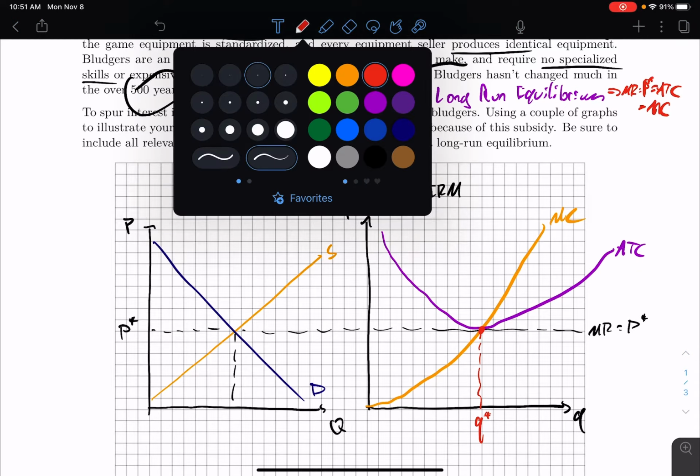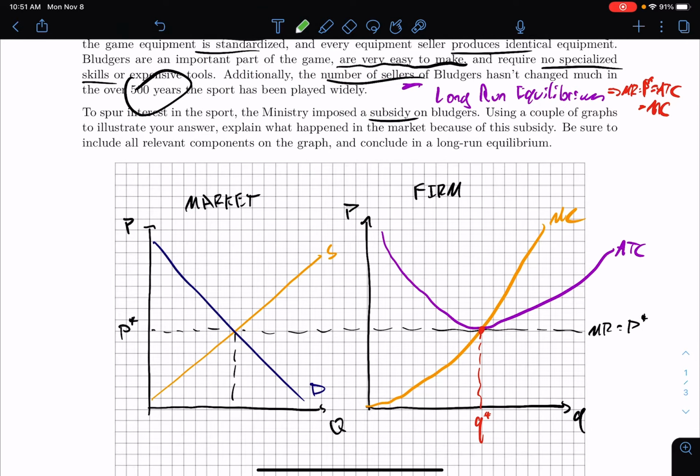Now, to diagnose what happens with the subsidy, we need to turn to the market. There is a way of thinking about the subsidy from the perspective of the firm. But in general, that's not the easiest way to think about it. And I will not advise you to do it that way.